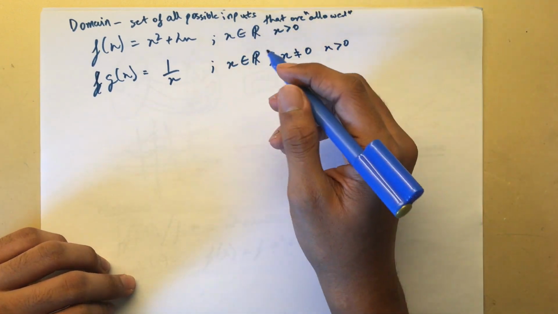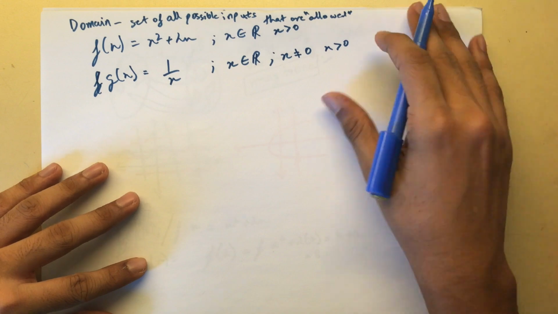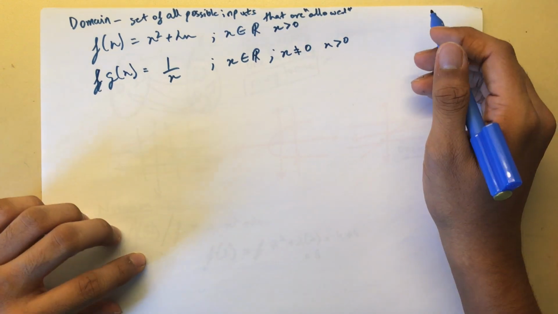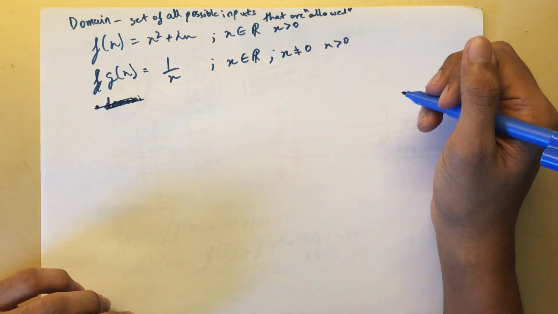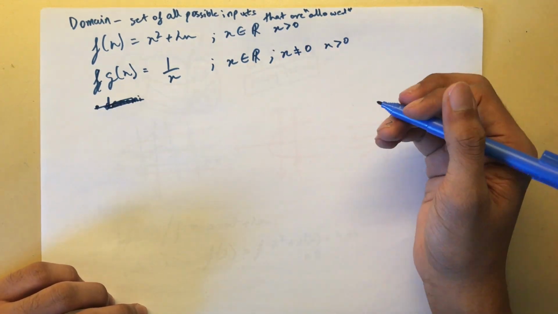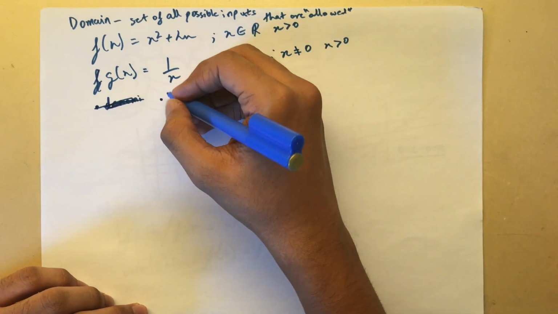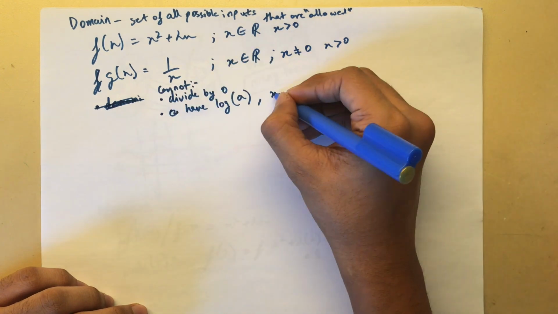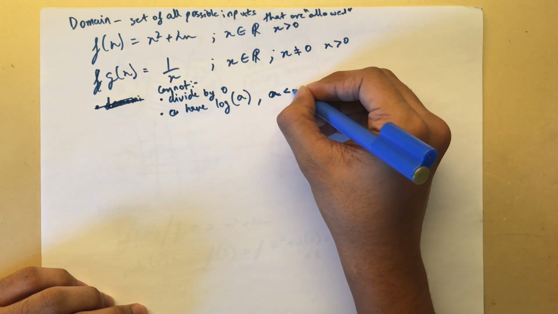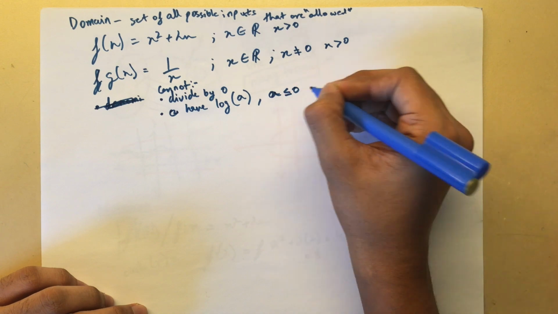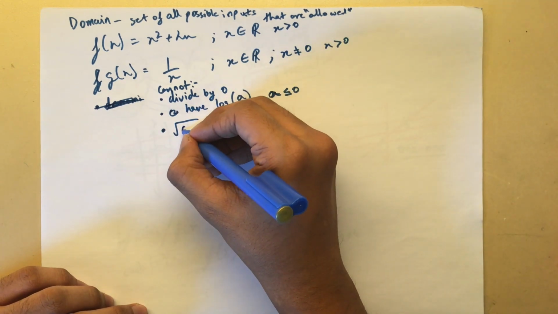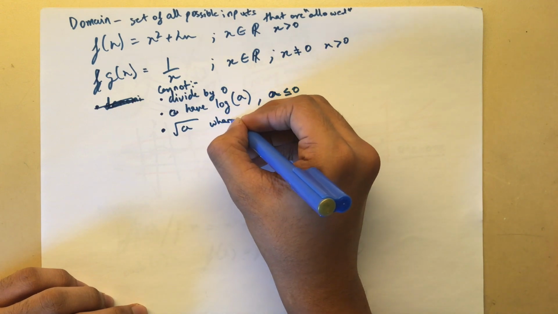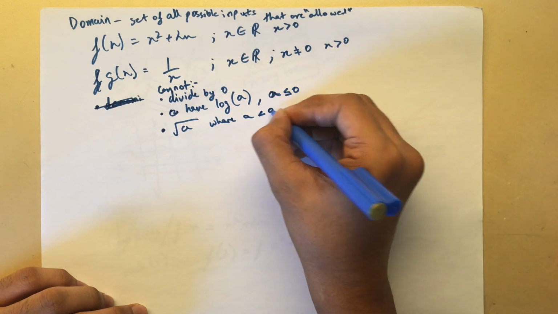Right. Now, to find the domain for those functions where we're assuming that we can input the real number line, we need to keep three things in mind. We cannot divide by 0, we cannot have log of a where a is less than or equal to 0, and you cannot have the square root of a where a is less than 0.